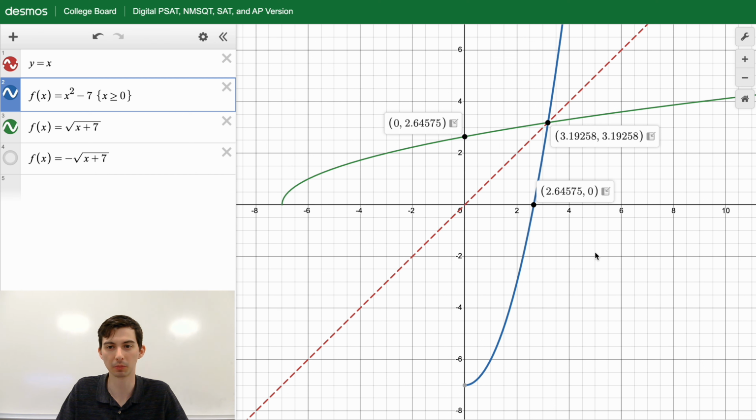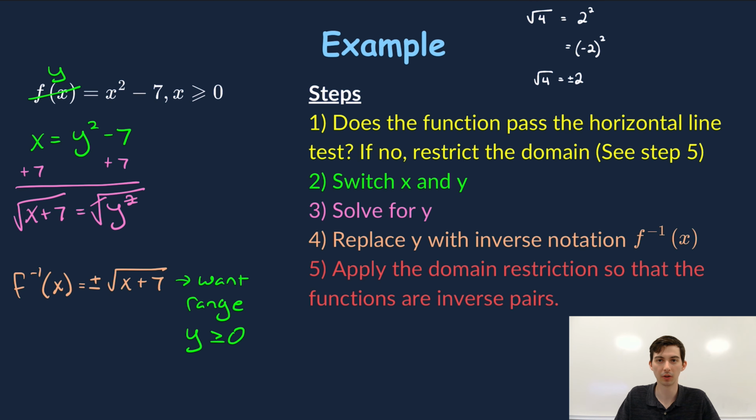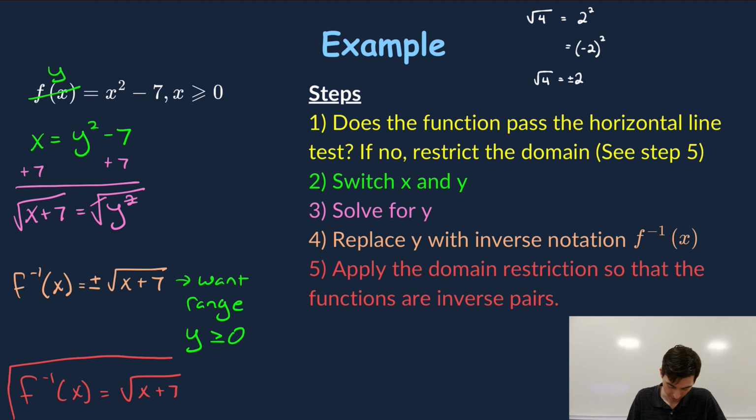See, I just switched my x and y's around. So these two are inverses. So back in the notes now, we can say that my final answer is the inverse of f of x is the positive version of the square root of x plus 7, because that has the correct range with it.